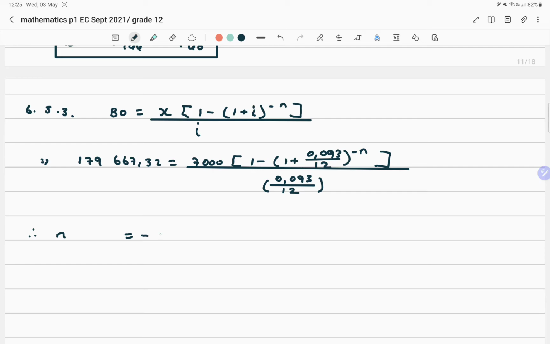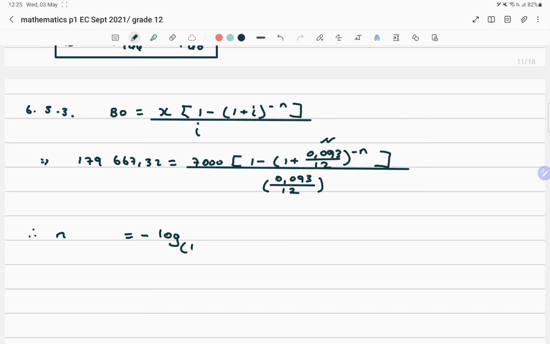Is going to be minus the log, right, of, now the base, remember the base is going to be this guy, with n left out when using log rules.